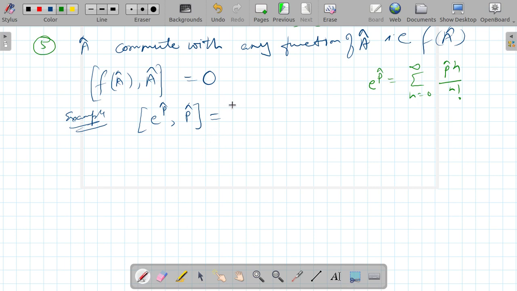Keeping this in mind, I can write the sum from n equals 0 to infinity of 1 over n factorial, times the commutator of p to the power n with the p operator. Here it's a constant, and the constant can be taken outside the commutator, so I can also take the summation outside. So I am expressing it in this way.